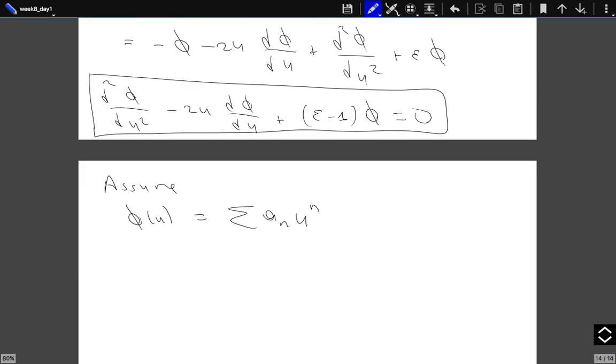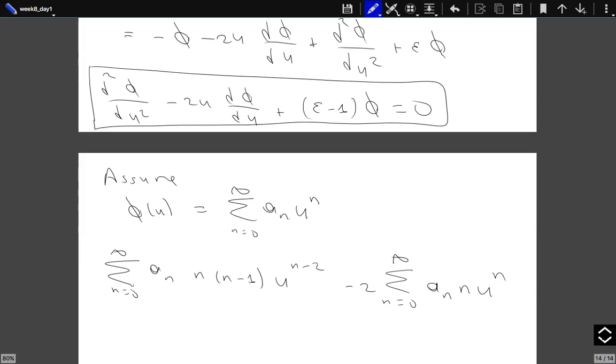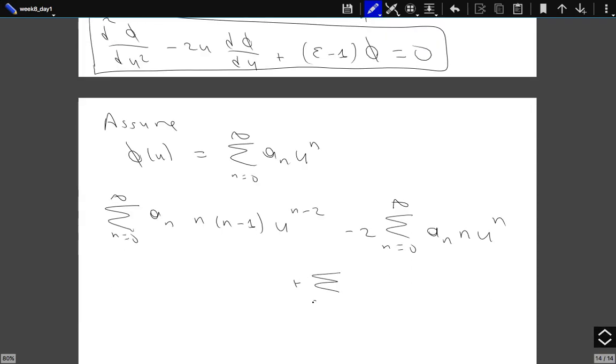If you just put it over there, sum over n from 0 to infinity, what you have is a_n times n times (n minus 1) u to the power n minus 2, minus 2 times sum over n from 0 to infinity of a_n n u to the power n, plus sum over n from 0 to infinity of (epsilon minus 1) a_n u to the power n.